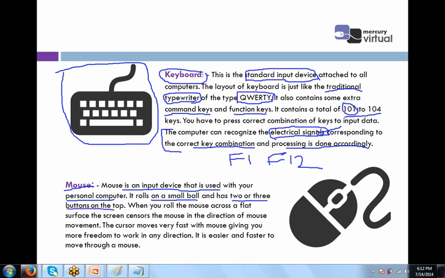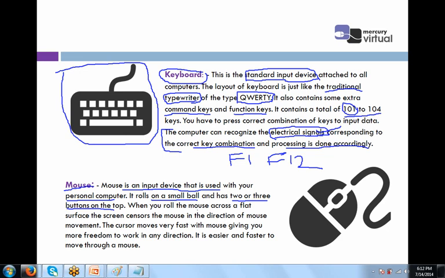Basically there is a left button, a scroll button, and a right button; a menu is generated with the help of the right button. We will discuss these later, in the next 2-3 days.